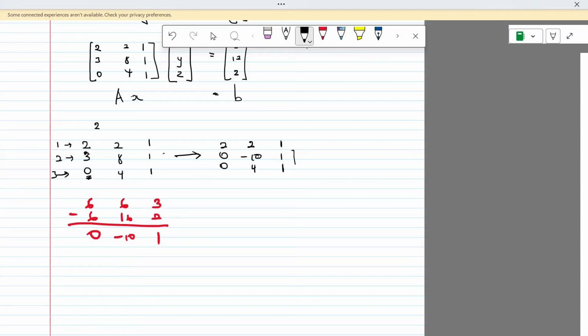Now that we have eliminated both our x's, we are left with these two equations, and we move on to eliminating the y's. What amounts can we multiply these two by such that when we subtract this equation from this, our y becomes a 0?